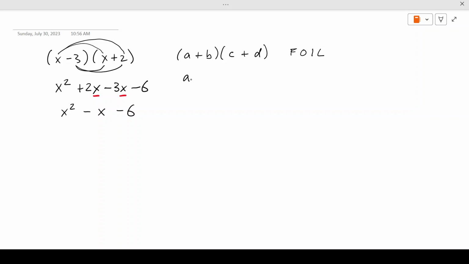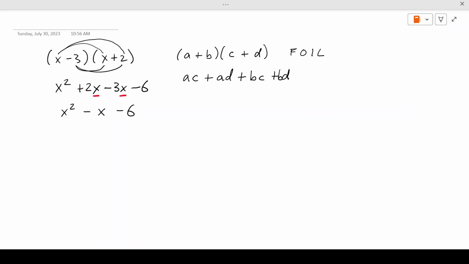So it's a times c, plus a times d, plus b times c, plus b times d. And I just said plus all the way through. I can prove this algebraically, and I can prove it geometrically, but we're not going to get into proofs right now. I just want to talk about the mechanics, the techniques of doing this.